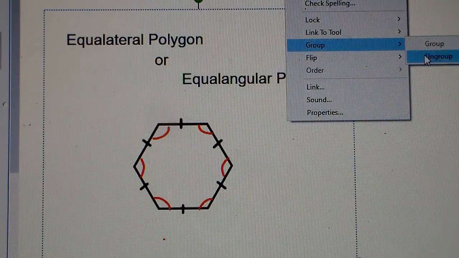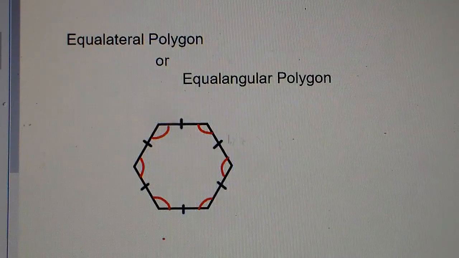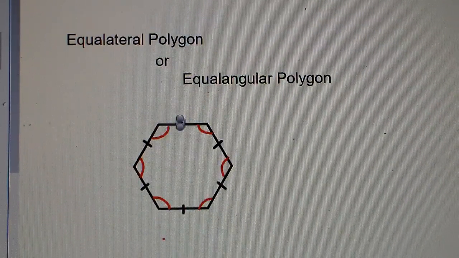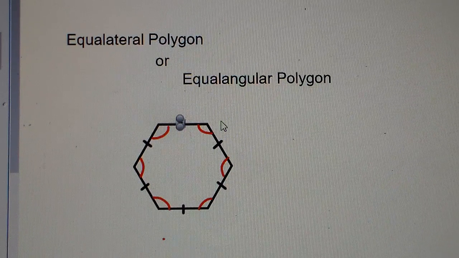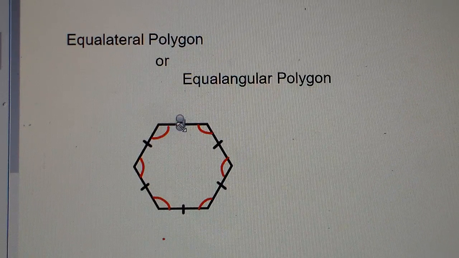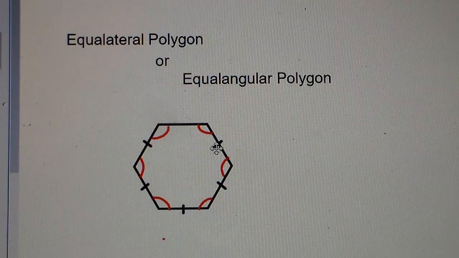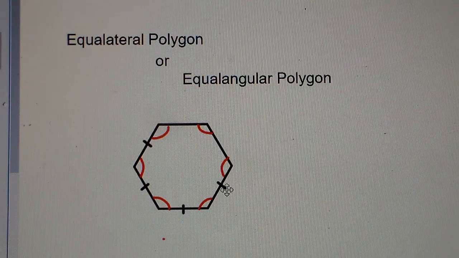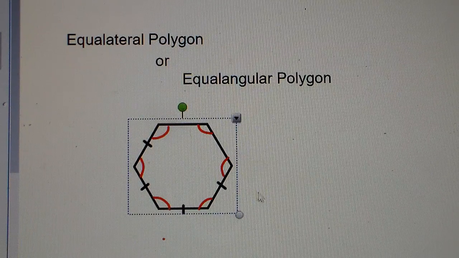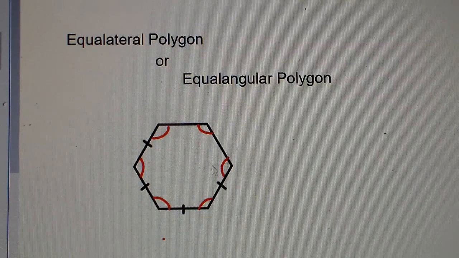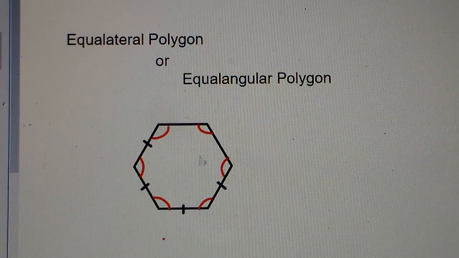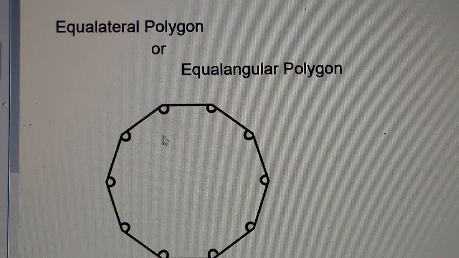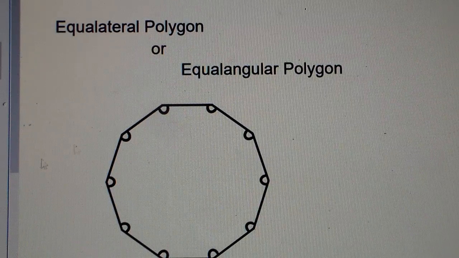This was meant to show just the angles, so it's an equiangular polygon. All the angles are the same, so it's equiangular.